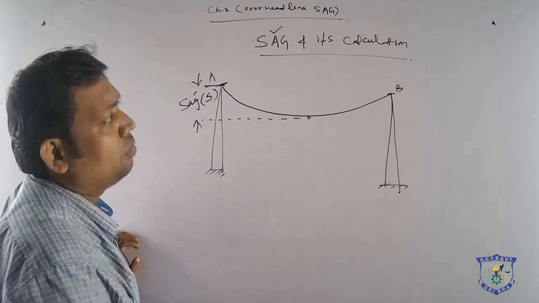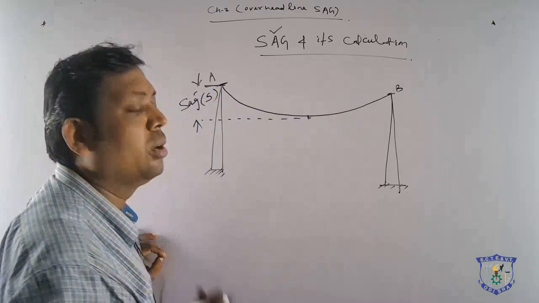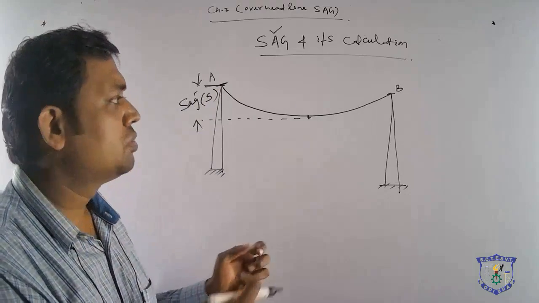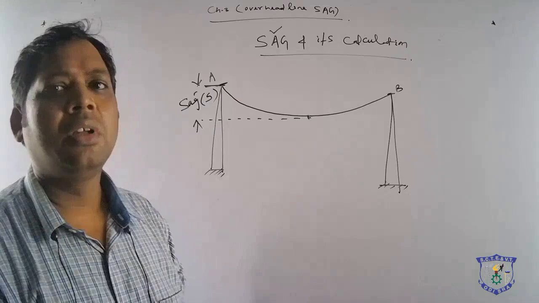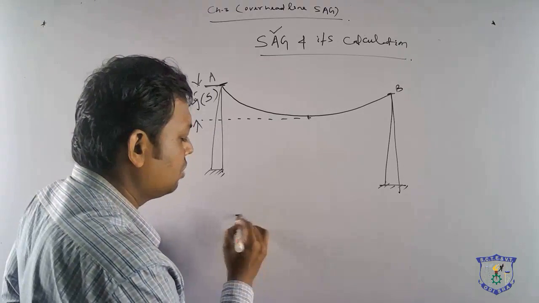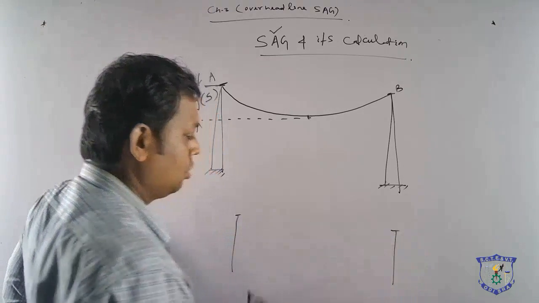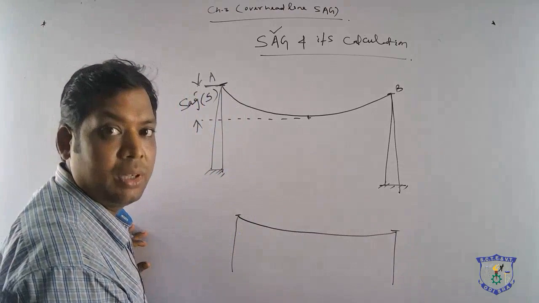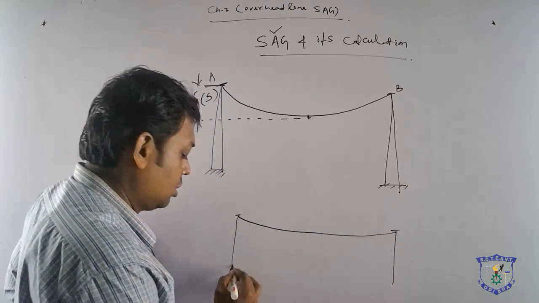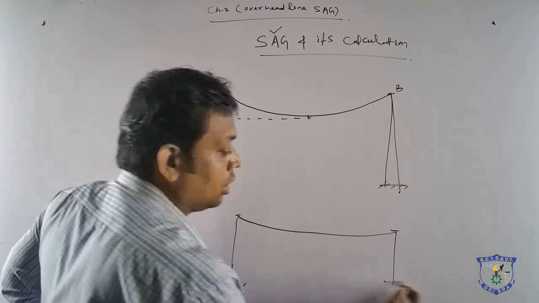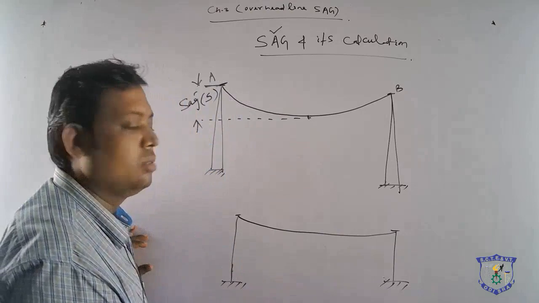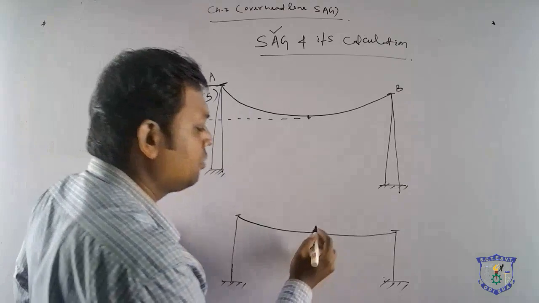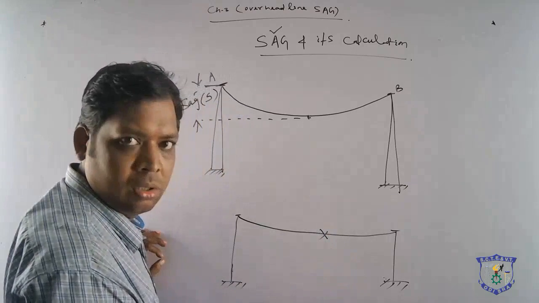Okay. So why is calculation required? Because if you stretch the conductor too much like this between two supports, what will happen? This is the wrong direction, because in the winter season the conductor will be very much compressed, so after a few days it will break.